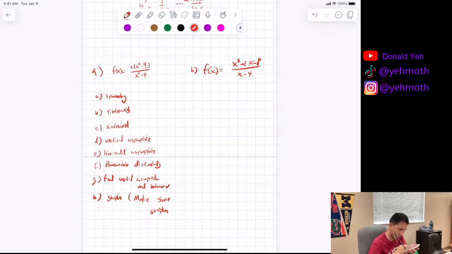Oh, if it was cosine though, it would have been... Can somebody help me post this on it? What's the derivative of sine?